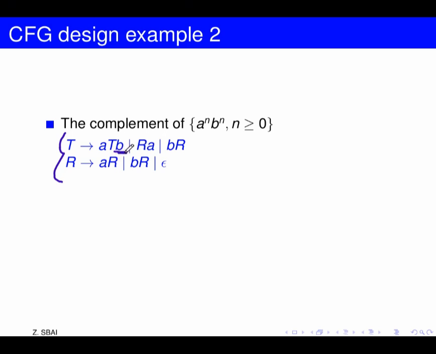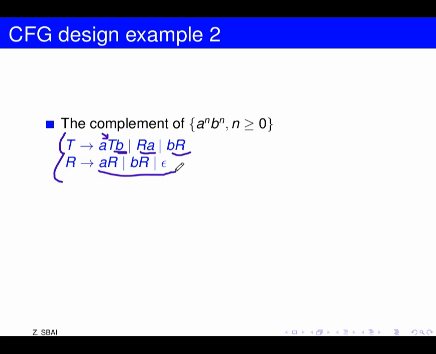But the last T here, when we end this recursion, the last T will be either Ra or bR, with R another variable that accepts any sequence of a's and b's.